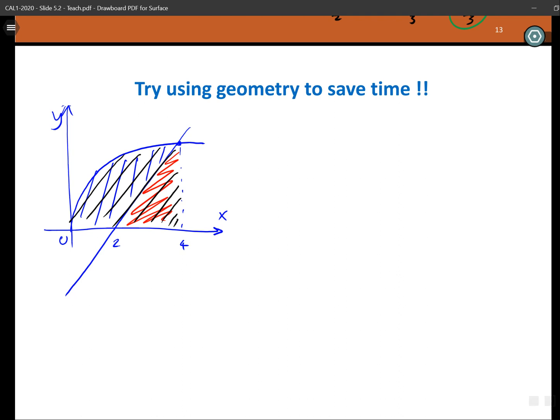So in this case, we have this whole area. Let's take a look here. This whole area, the upper function is this, right? Upper function f(x) equal to what? Square root of y.